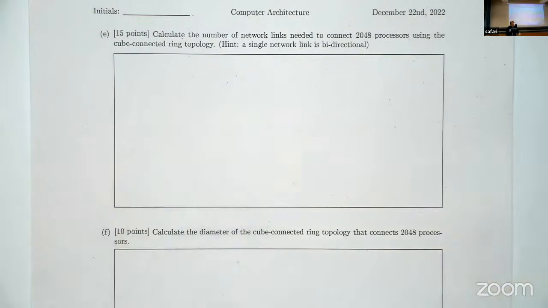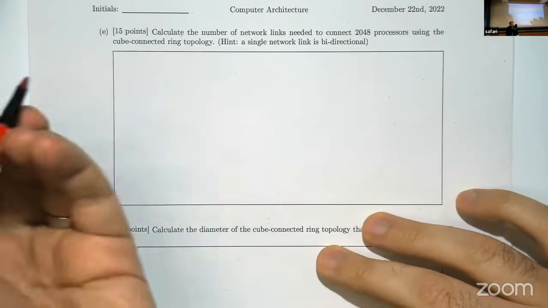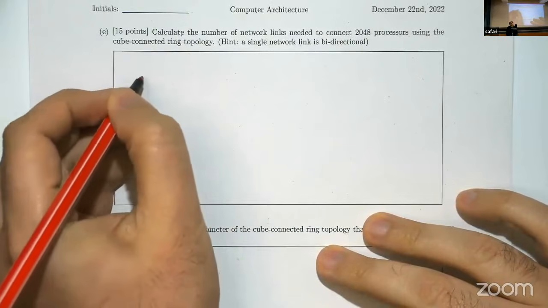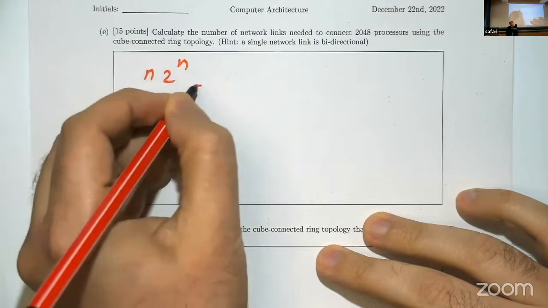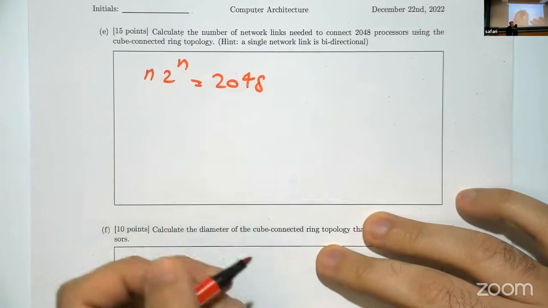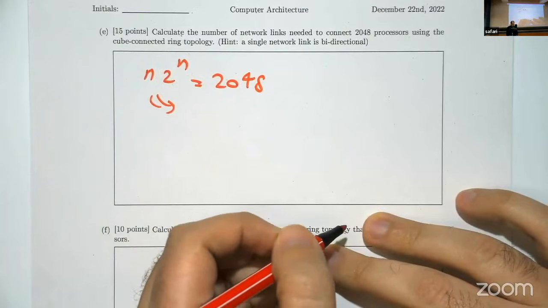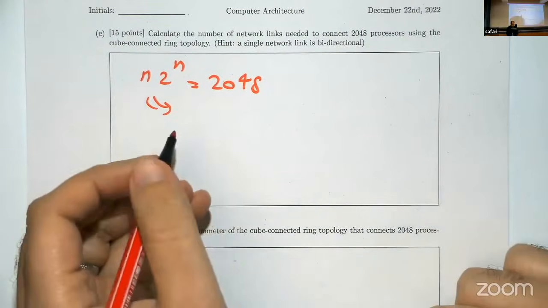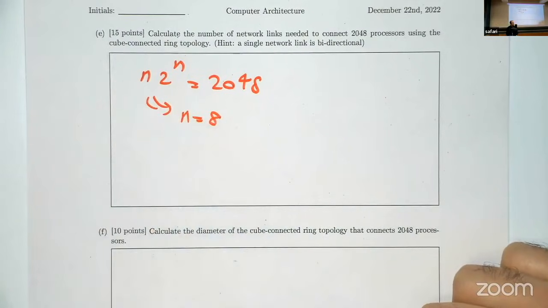So we are asking about the number of links for that. The trick here is that you need to find an n number, which in the end, n times 2 to the power n is equal to 2048. You can just do it by trial and error, and n equals 8 will result in this number, basically.